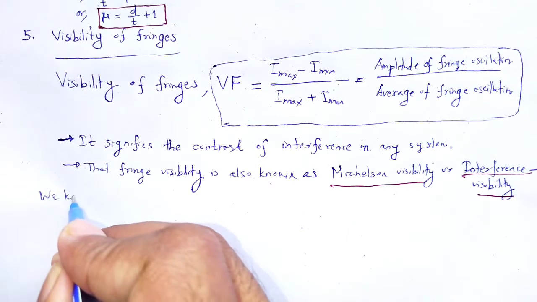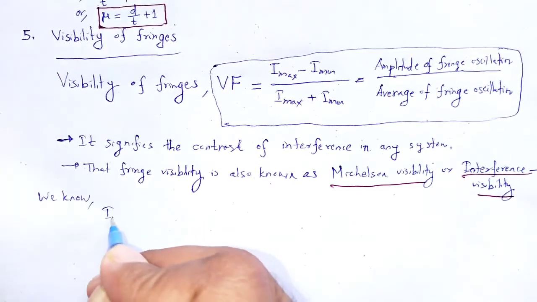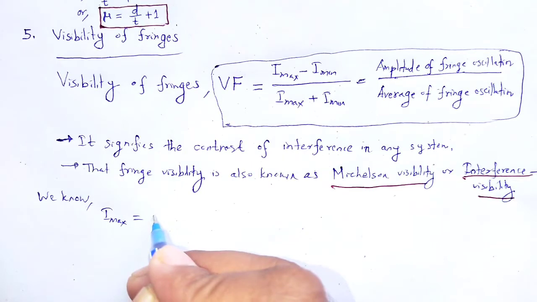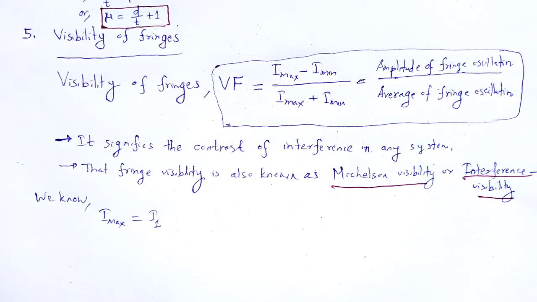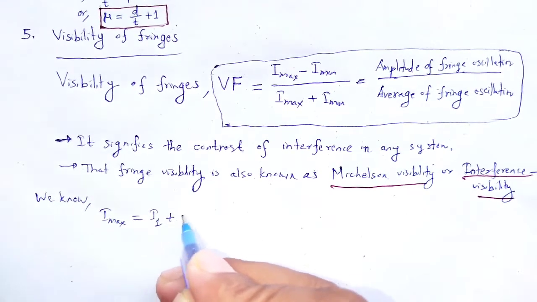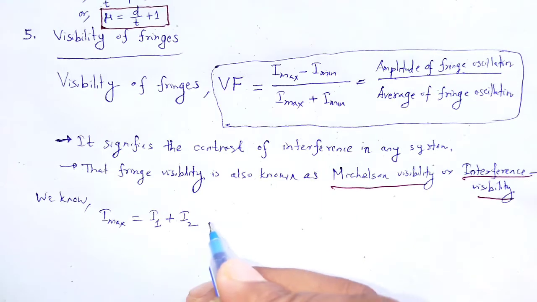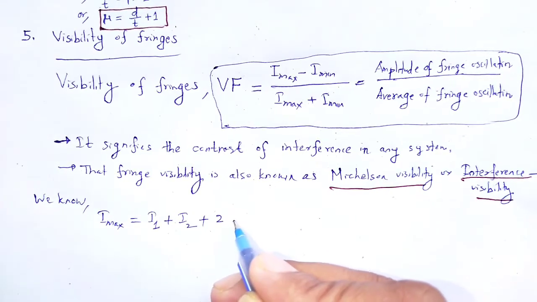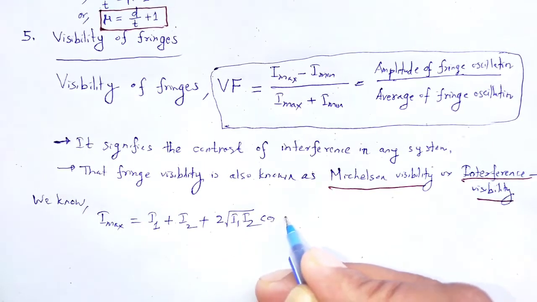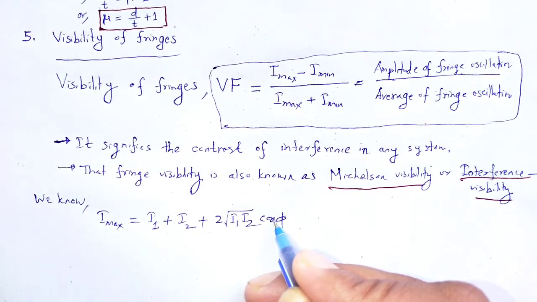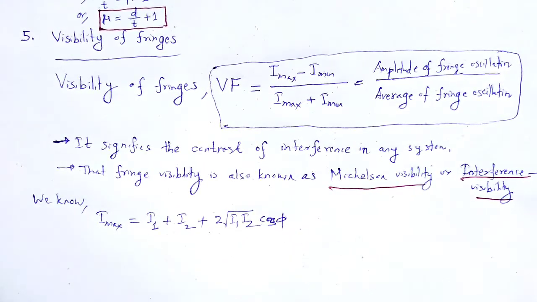We know the intensity maximum condition: if I1 is the intensity of light wave 1 and I2 is the intensity of light wave 2, then I max is I1 plus I2 plus 2 root I1 I2 cos phi, and phi is the phase difference between the two waves.